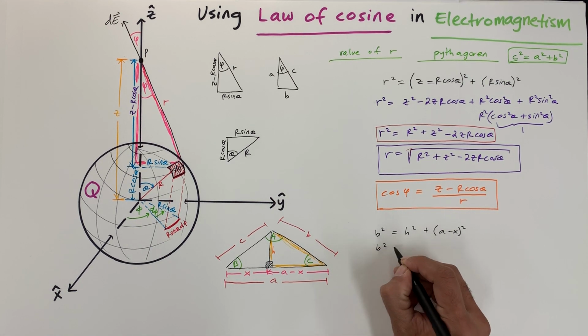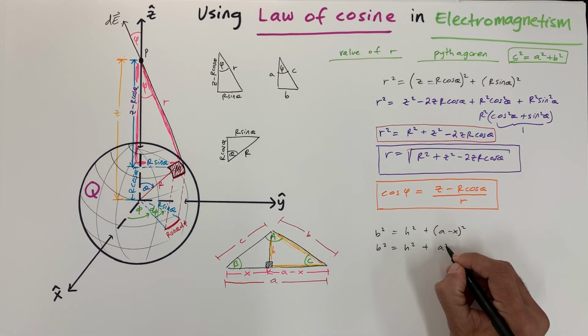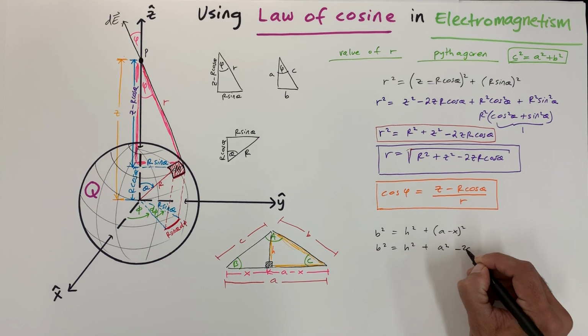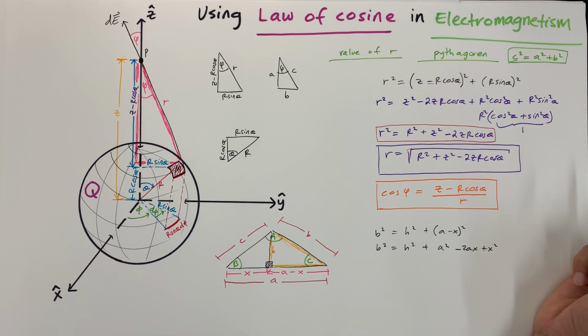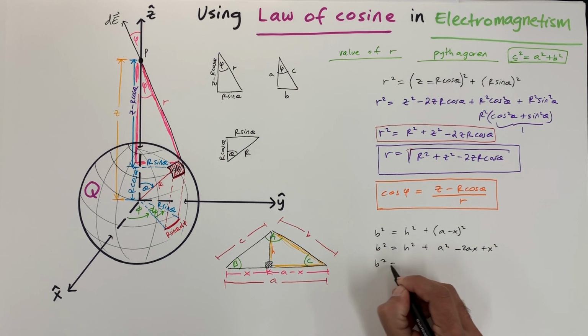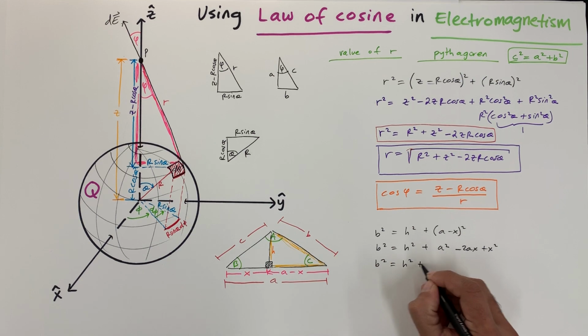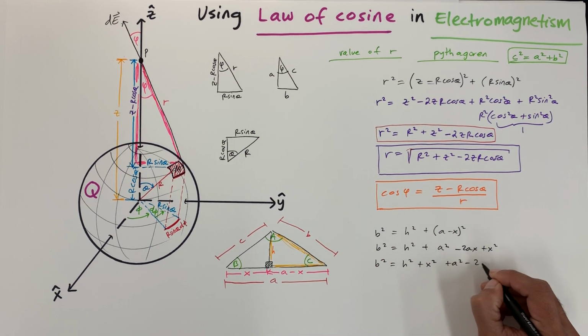Now if we FOIL that out, we're going to get a squared minus 2ax plus x squared. Let's put the x squared over here. So we have h squared plus x squared, plus a squared minus 2ax.